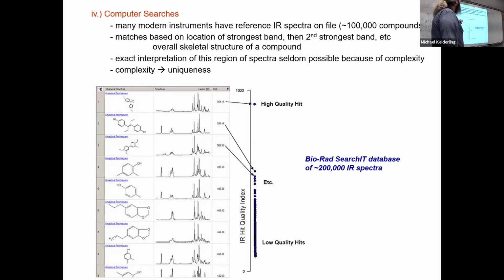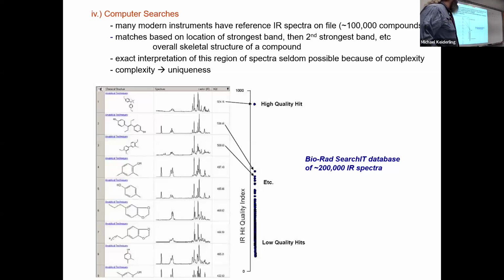You can do matches based on the location of the strongest band, second strongest band, etc., and that gives you an idea about the overall skeletal structure of a compound. A lot of these will give you an estimation of how well the fit is, how accurate, a percentage of match kind of thing. At least ours does. An exact interpretation is seldom possible because of complexity, but that complexity gives you uniqueness, which means the search can be quite effective.